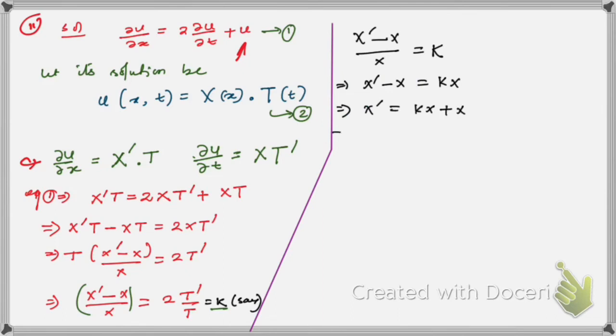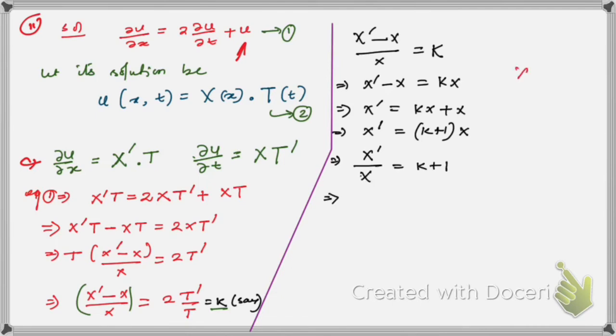So now X dash, just take the X common. Now X dash means, what does it mean? As I have already told you, this is the derivative of capital X with respect to small x. That's it, right?